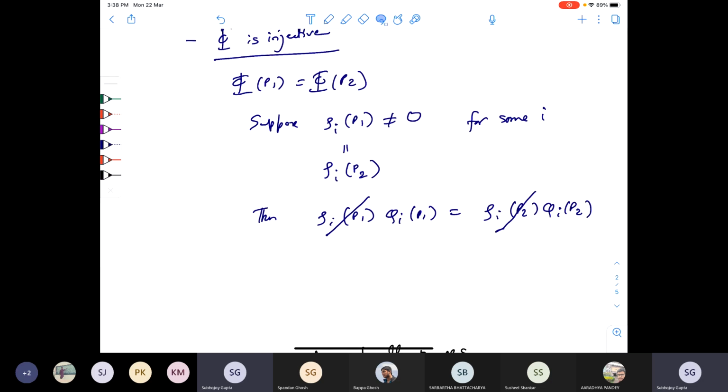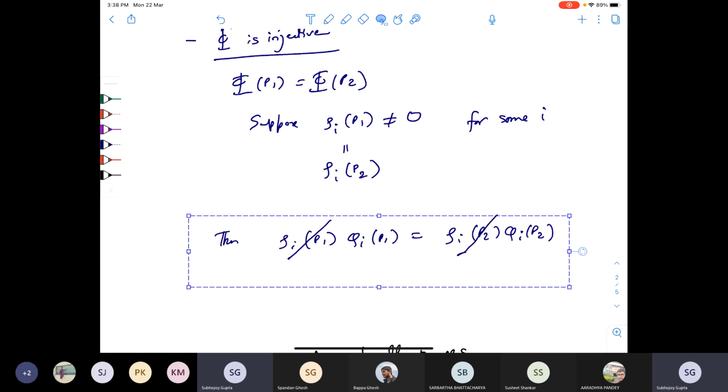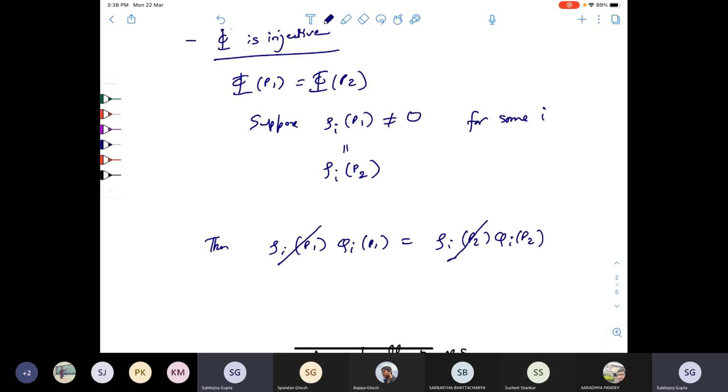I forgot to say that if this happens, P1 and P2 are both contained in the same U_i, because P1 and P2 have to be in the support of rho i, and this is contained in U_i.